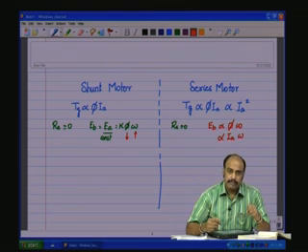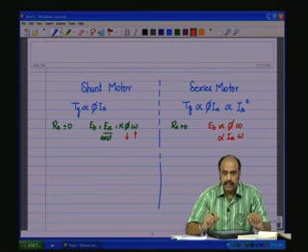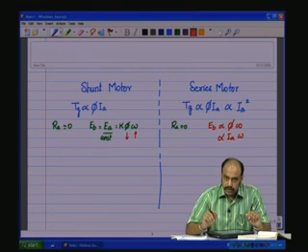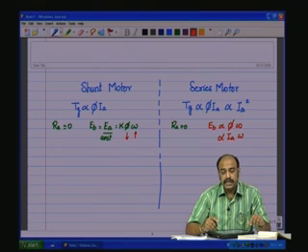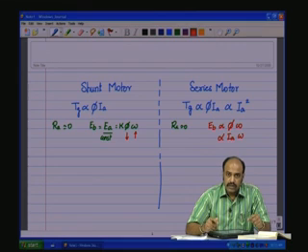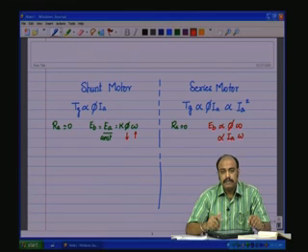Now, let us say the full applied voltage is applied and the shaft is not rotating. Then Ia is going to be very high, and the torque generated, being proportional to Ia square, is going to be a huge torque. Under no load conditions, the speed may accelerate very fast, and again it may result in a runaway in the case of the series motor, and result in mechanical damage.